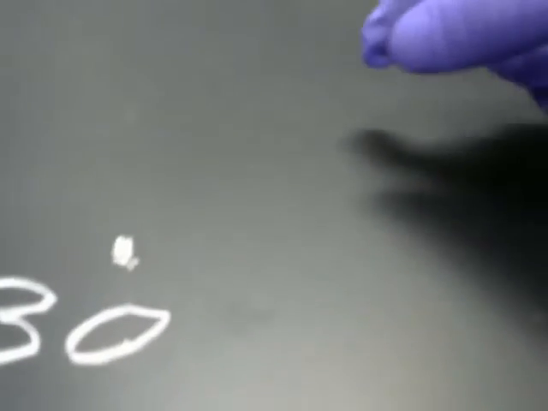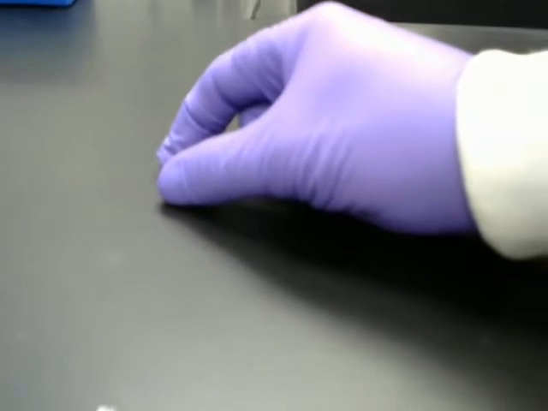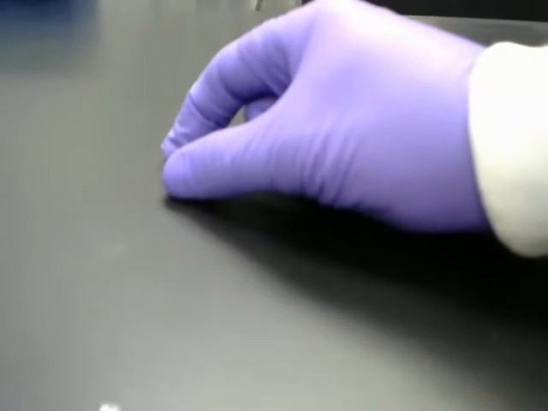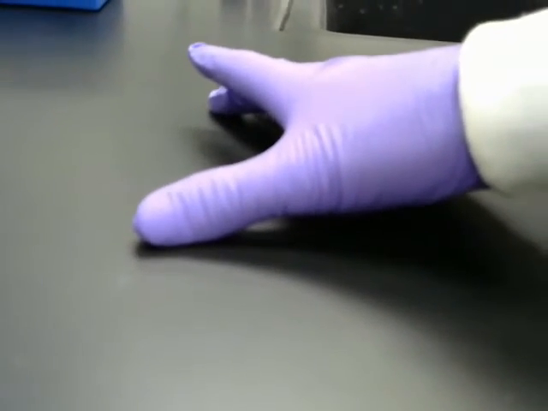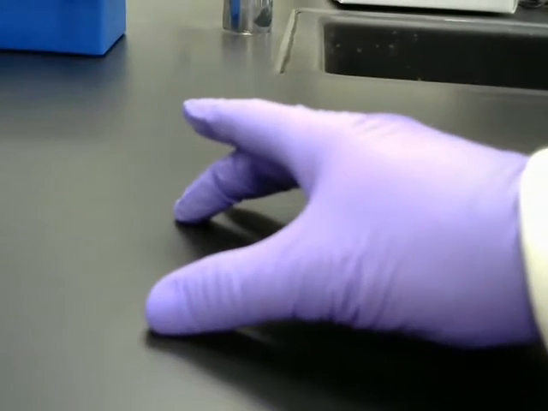So here at 30, I'm going to have my dark control, my light control, or no chloroplast control, and my first experimental cuvette. I'm going to have those set out right here at 30 centimeters. I chose to have my controls at 30 centimeters because if any photosynthesis is going to occur, if any light reaction is going to occur, it's most likely to happen at 30 centimeters.